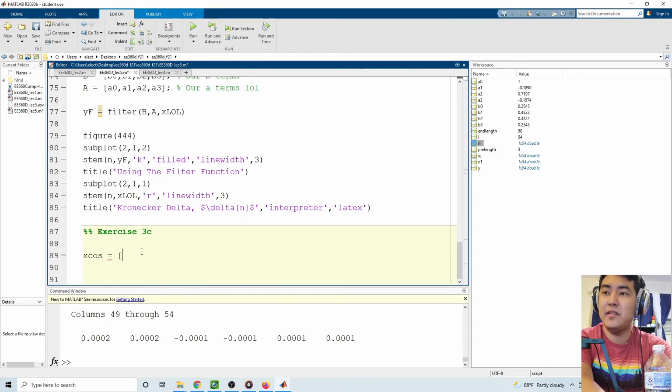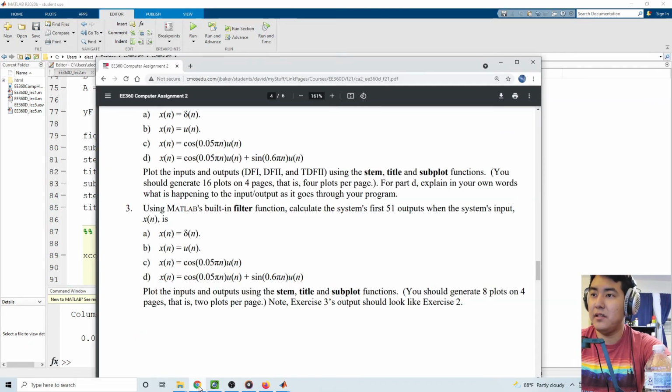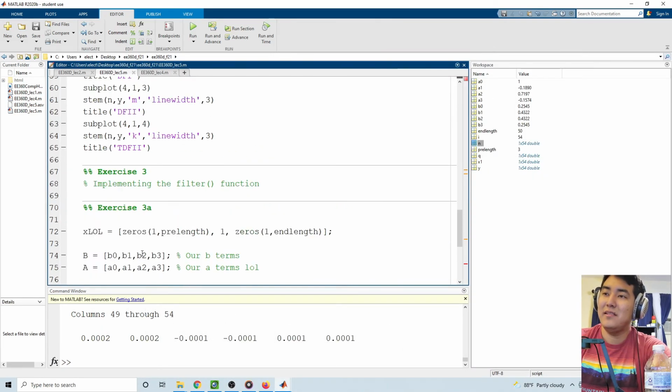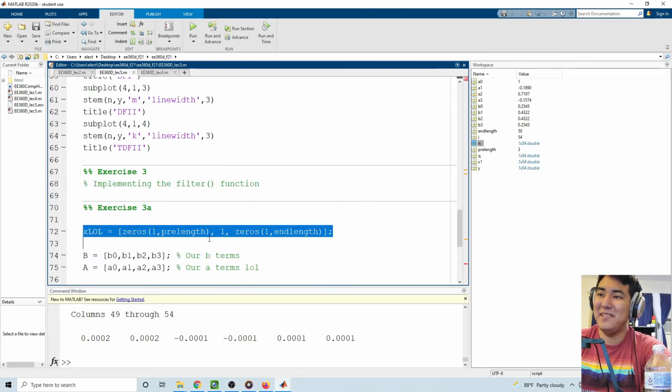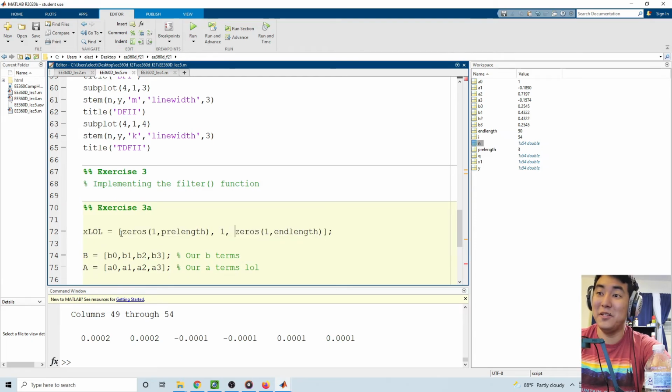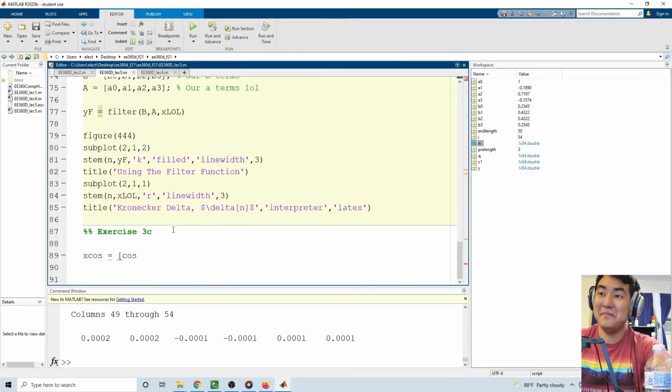Cosine. Actually, is it a unit step? Yes, it's a unit step. Copy this. No, wait, copy this. These are a pre-length, and then here's the first point.